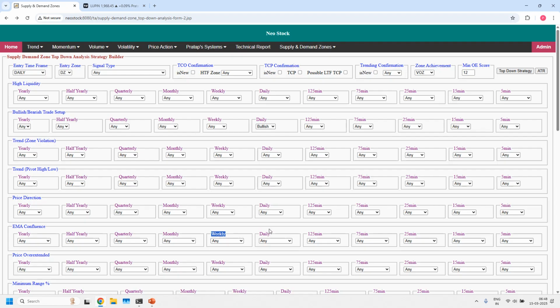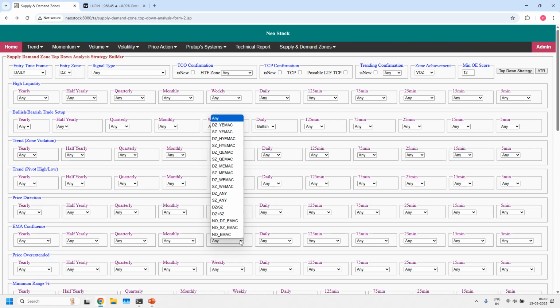The reason is our daily zone is overlapped with the weekly zone. That's why we are checking the weekly zone. If this weekly zone is having weekly EMA confluence, automatically the power will be applied to our daily zone. That way our daily zone is having higher chances to get success, because it is inside weekly, and that weekly zone is having weekly EMA confluence.